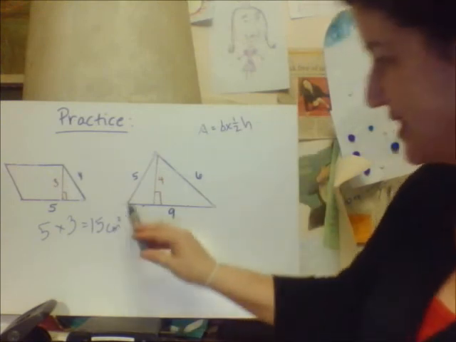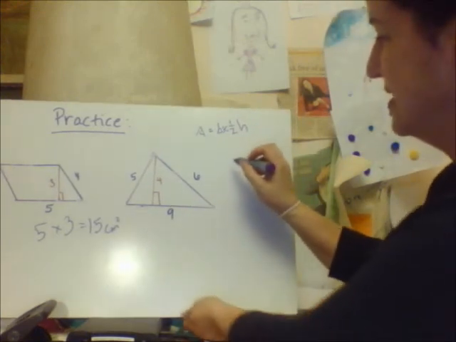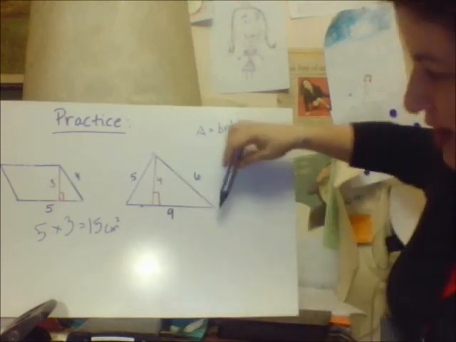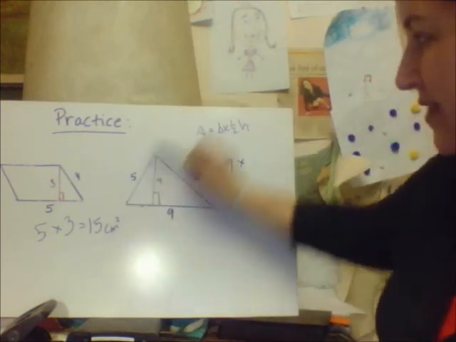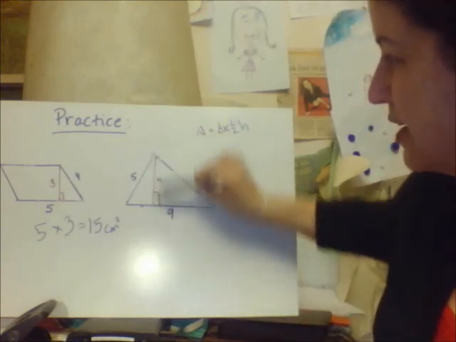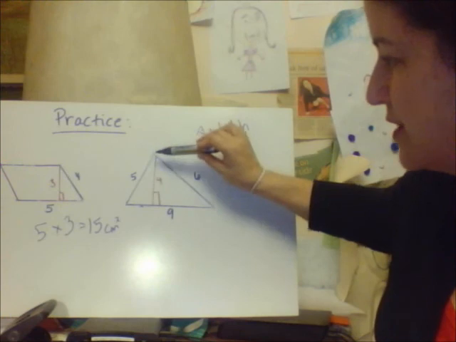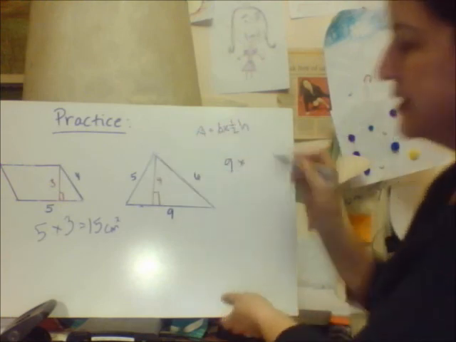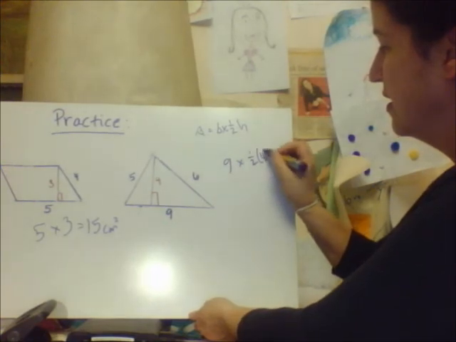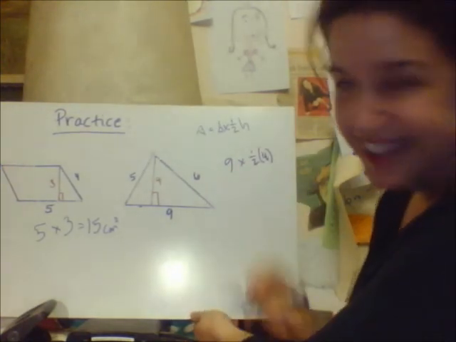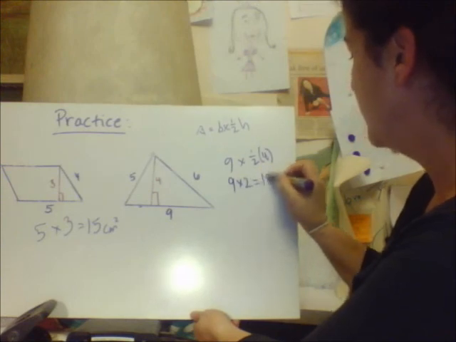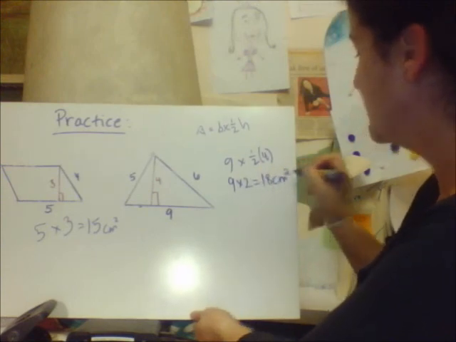So our base is 9 centimeters, 9 times, not the length of this side, not the length of that side, no, our height, which is this red line here, from the bottom up to the pinnacle of the triangle, which is 4. So 9 times half of 4 is going to be our area. So 9 times 2 is our area, 18 centimeters squared.